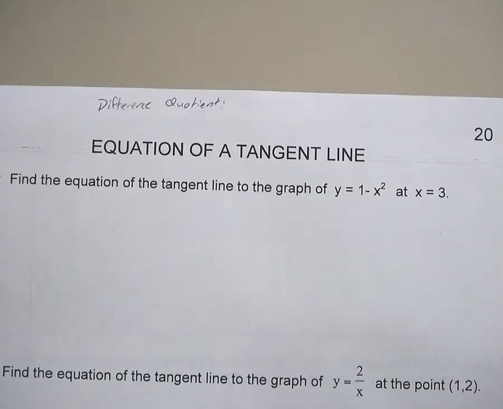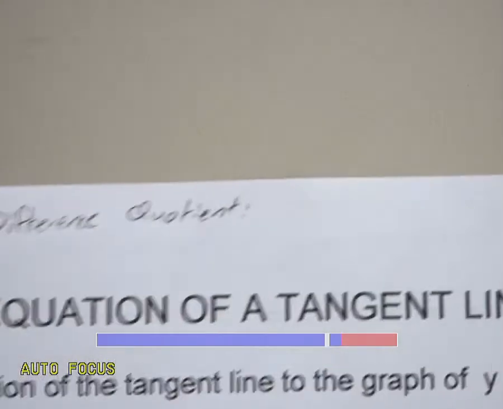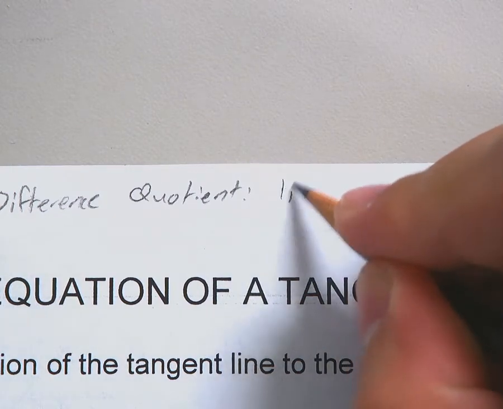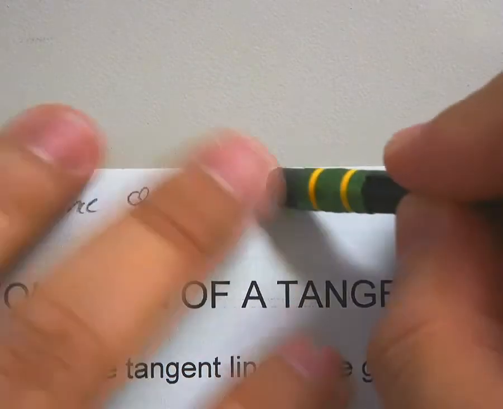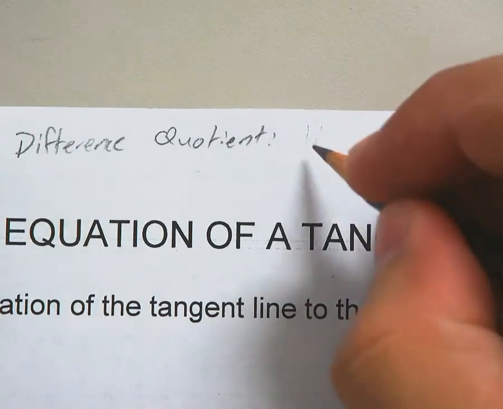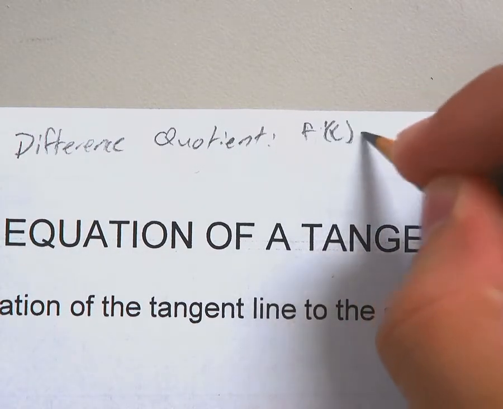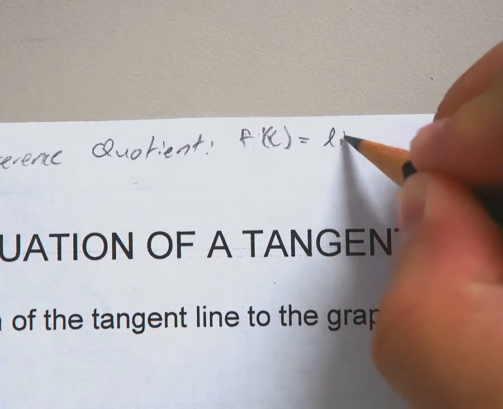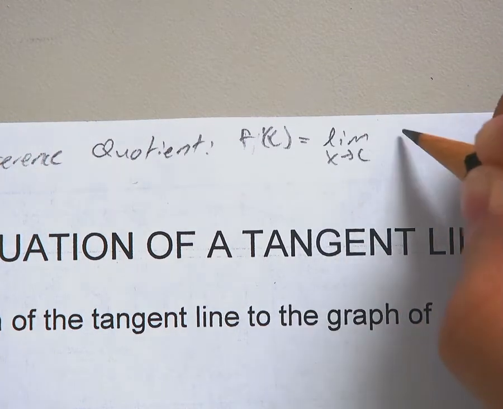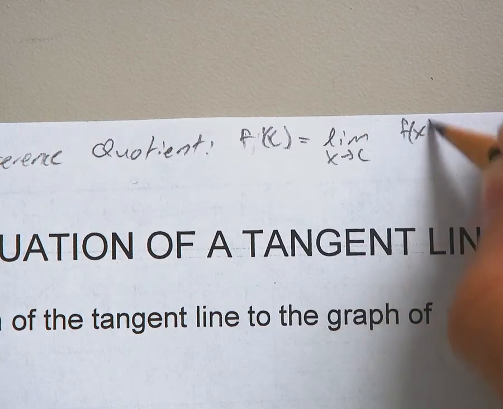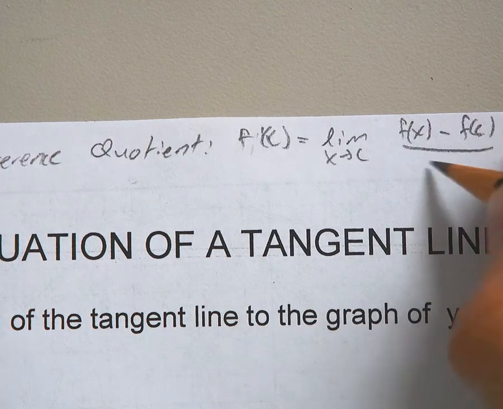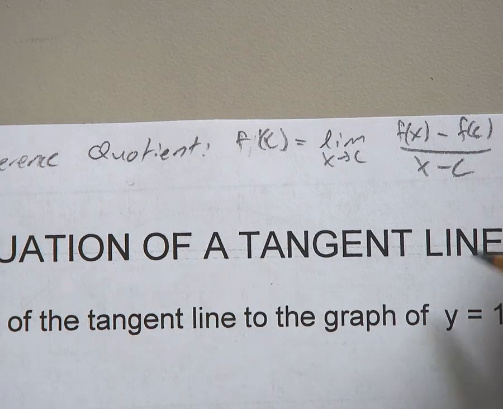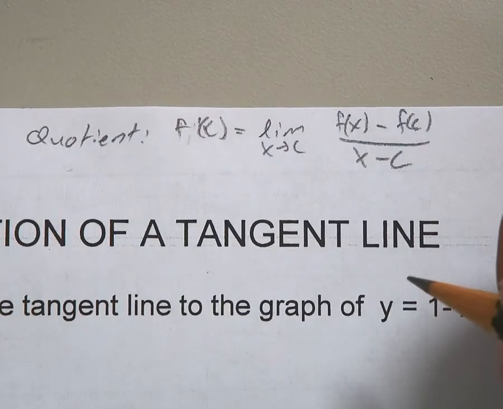If you'll remember, the difference quotient is, well, let me write it this way. f prime of c is equal to the limit as x goes to c of f of x minus f of c over x minus c, like your slope, right?